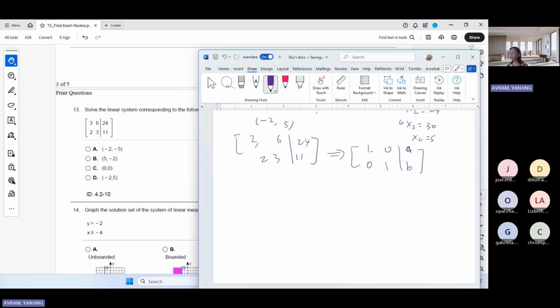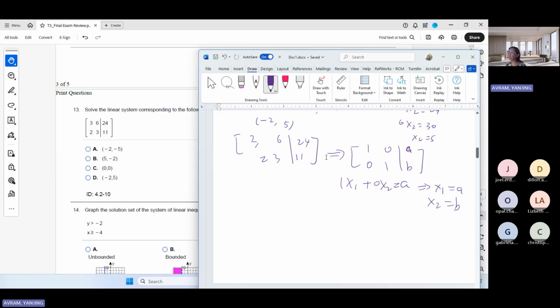So what is this? This is called the unit matrix right here. That means I have 1x1 plus 0x2 equal to A, so this x1 will be equal to A. Similarly, if I have this kind of matrix, that means my x2 will be equal to B, okay?